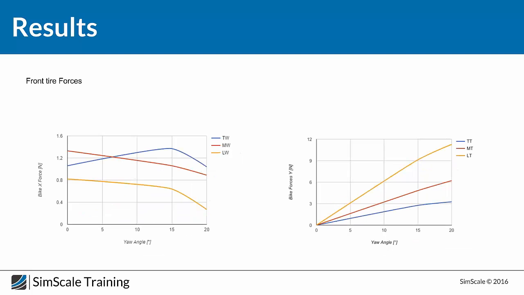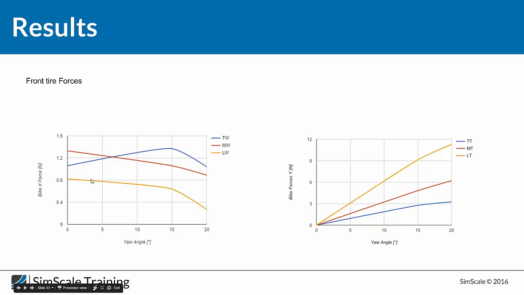Okay, perfect. So in this graph, now we are talking only about the tire, mainly the front tire. The same names, TW, MW, and LW, and what we can see from this side is the drag force. We can see that the drag force of the large tire is the lowest one. This is a really surprising result, because for the thin wheel the drag is quite high.